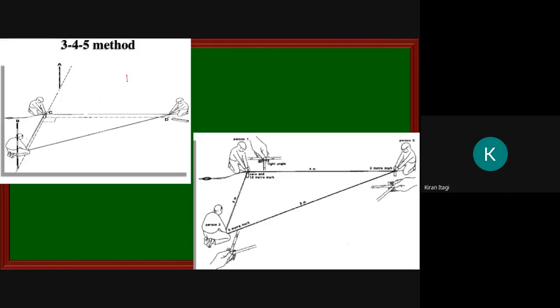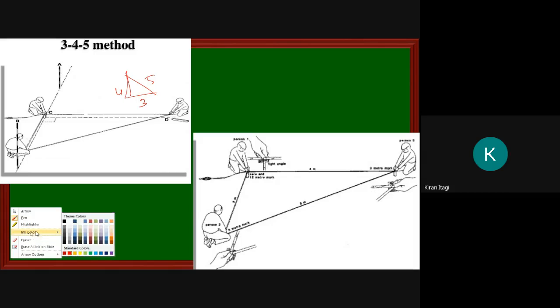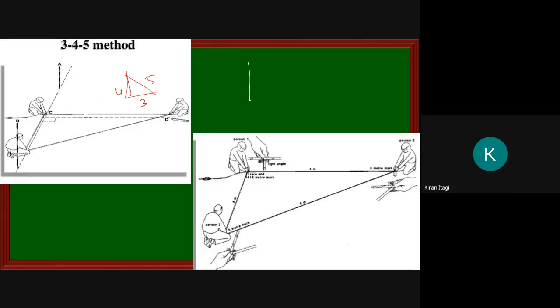Okay, 3-4-5 is nothing but this. Do you know what the Pythagoras theorem is? I will call these points A, B, C. AC equals the square root of AB square plus BC square, or AC square equals AB square plus BC square.